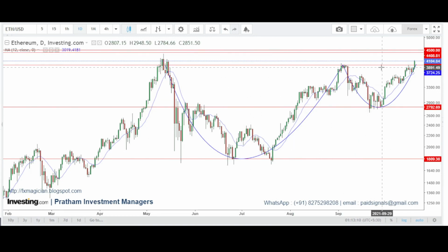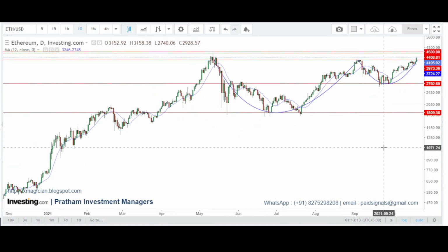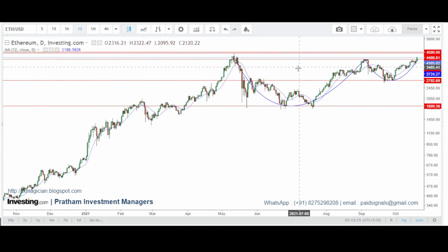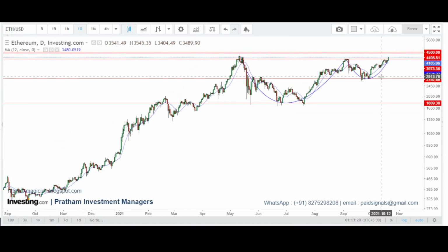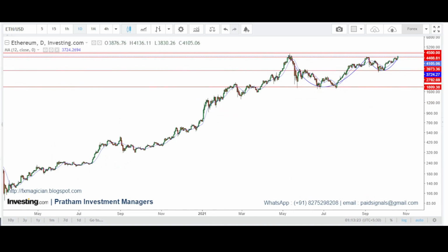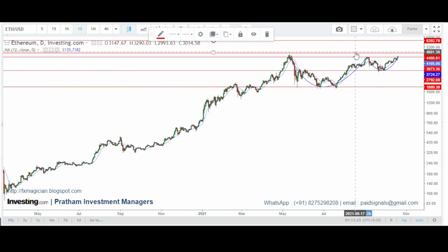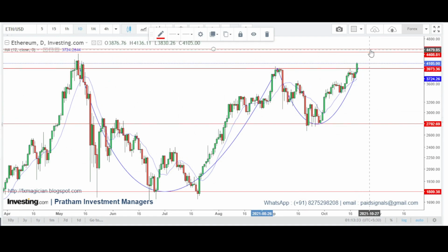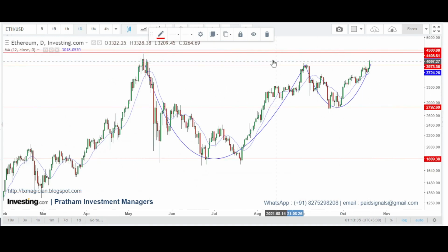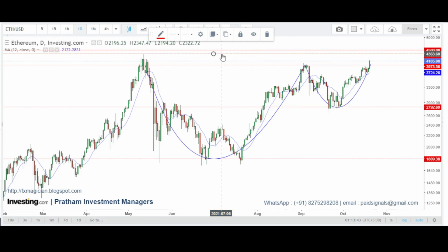The 4000 neckline plus the target of the cup and handle will be 4000 plus 2200, around the 6200 area. So marking the 6200 area again for the target. These are the targets. 4400 will be the first target, and we may shift it towards the previous all time high, which will be acting as a resistance around 4363.